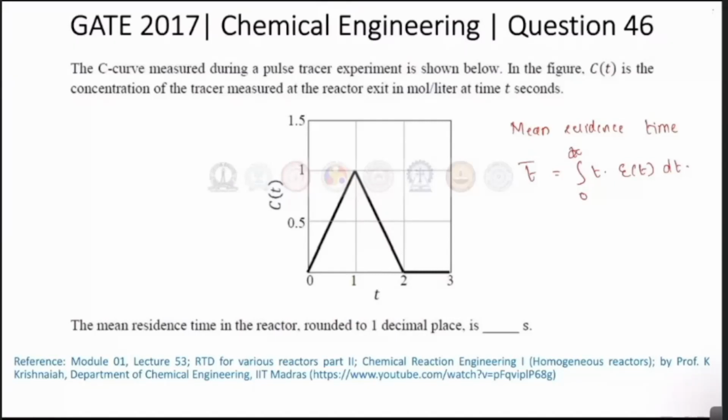So here let us divide this curve into two. Redrawing this curve, this was our RTD for 0, 1, 2, 3. So up to time 3 seconds, this was the concentration versus time curve.